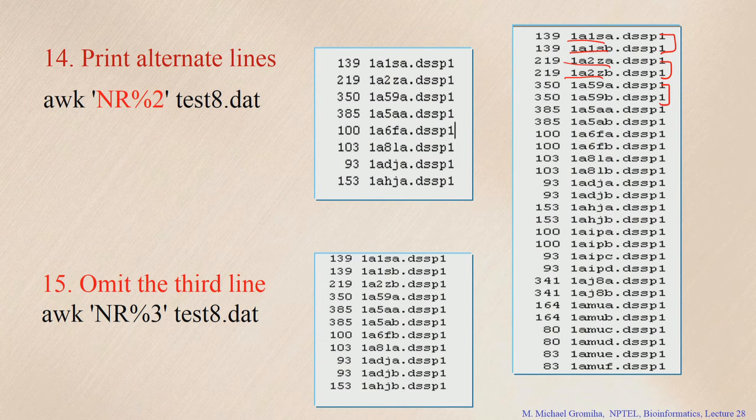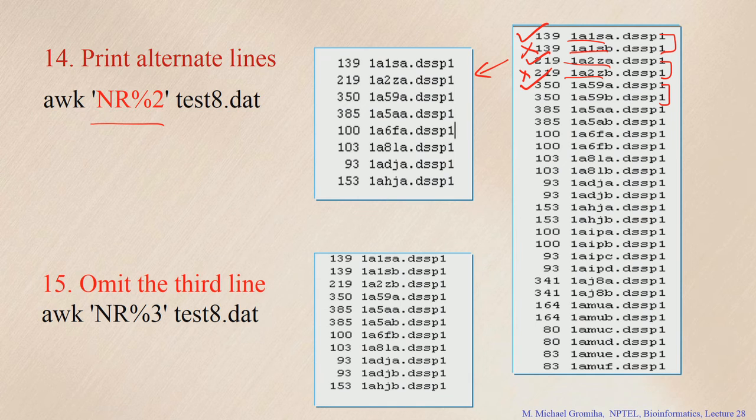So if you want to print alternate lines, you can omit the second one using this expression, NR, dollar, ampersand and then 2, that means it will cut the second one. Finally you get this result, right. This is omitted here, this omitted here, right, you can get that.